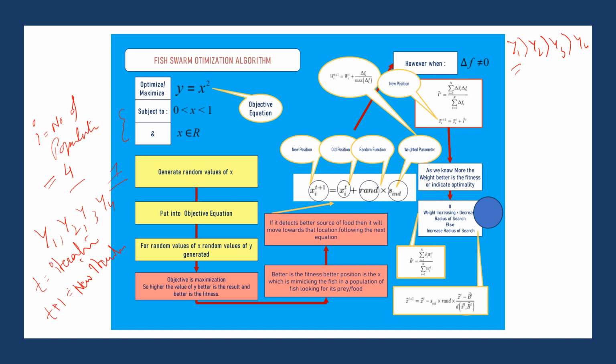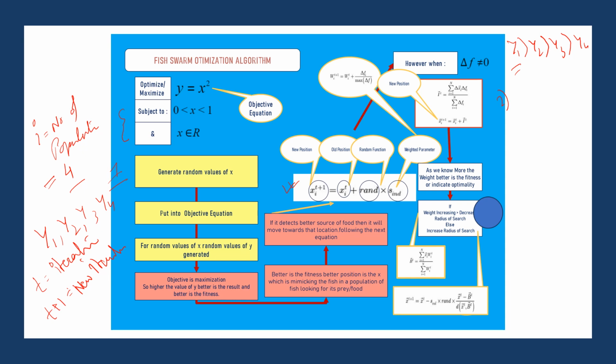Now in the second step, we will not generate the values of x randomly, but we will generate the values of x following a system or rule. Now this rule is given by this equation, x I t plus 1. As I have already said, I is the number of population. So simultaneously we will generate 4 new values of x, as I is equal to 4.